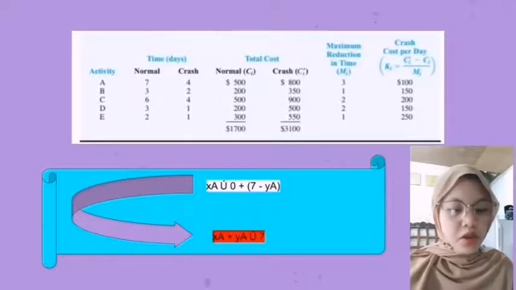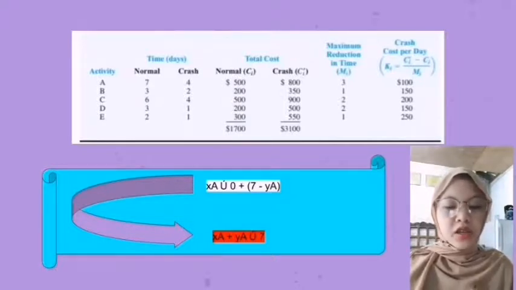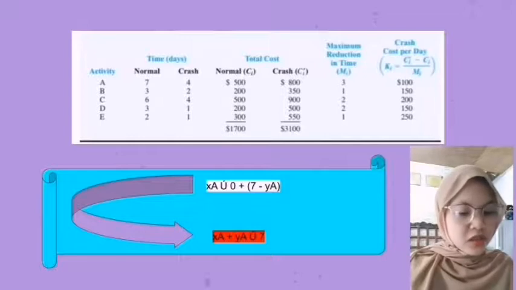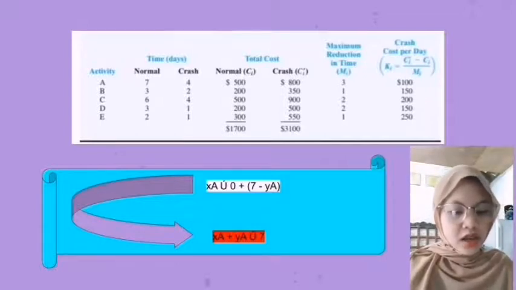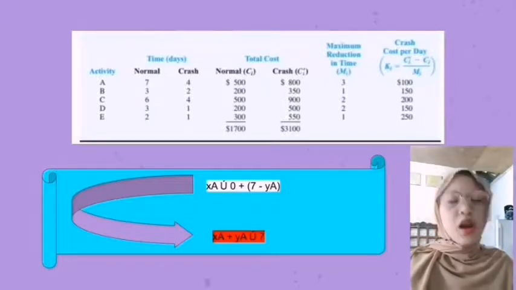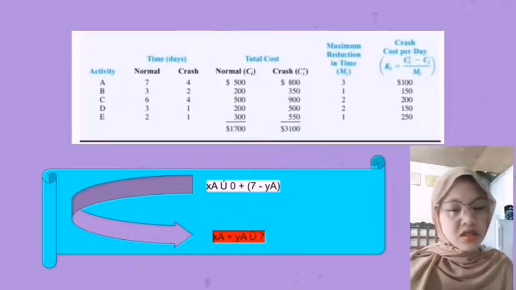So let me describe how linear programming can be used to solve the network crashing problem. In PERT or CPM, we know that when an activity starts at the earliest start time, the finish time is the earliest start time plus the activity time.